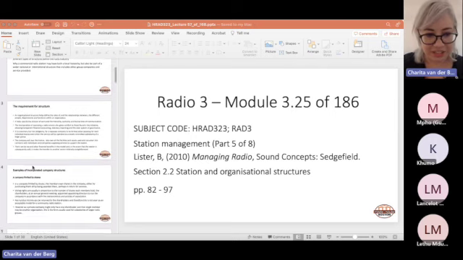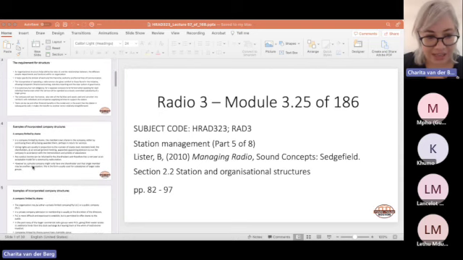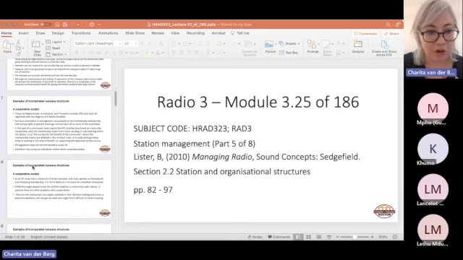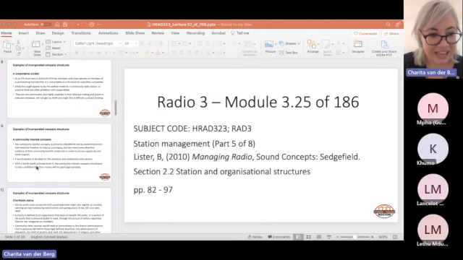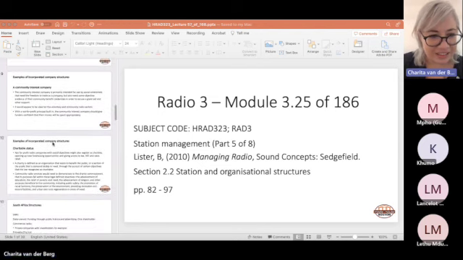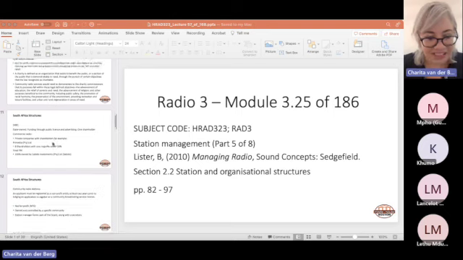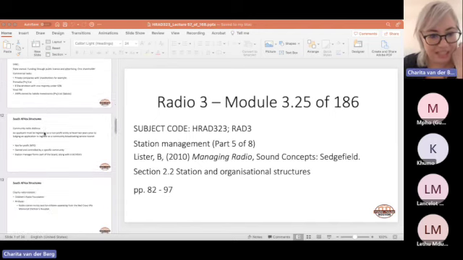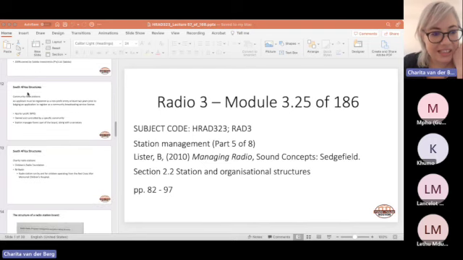We looked at companies with shares, companies limited by guarantee, cooperative societies, community interest companies and charitable status. And then I gave you some info about South African structures, with commercial radios being majority private companies with shareholders, so PTY limited companies.